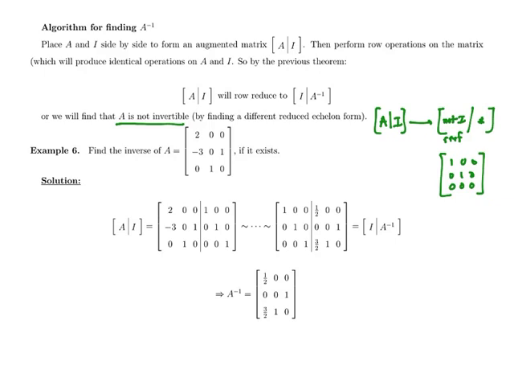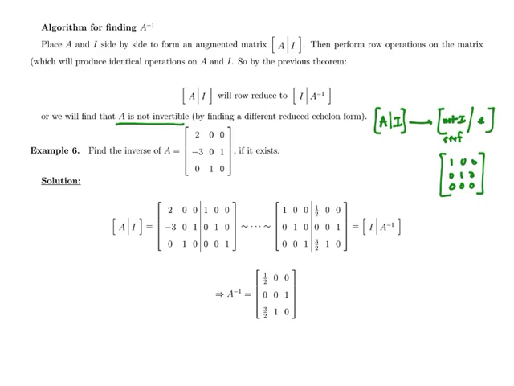So let's see an example of this. Let's find the inverse of A, with rows 2, 0, 0; negative 3, 0, 1; 0, 1, 0, if it exists. We're going to know if it exists if I can row reduce to the identity matrix, and if not, it does not exist. So A augmented with I, we have a 3 by 6 matrix with a bar in the middle, the matrix A on the left, the matrix I on the right.